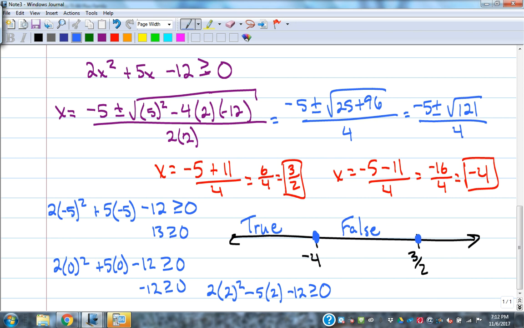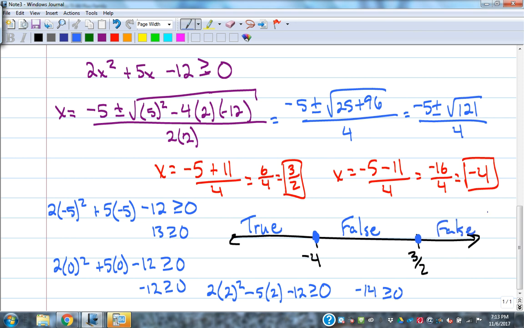Hold on, I didn't do that right. 2 squared is 4 times 2 is 8. Plus 10 is 18. Minus 12 is 6. Is 6 greater than 0? Yes. So it's true in this area too.